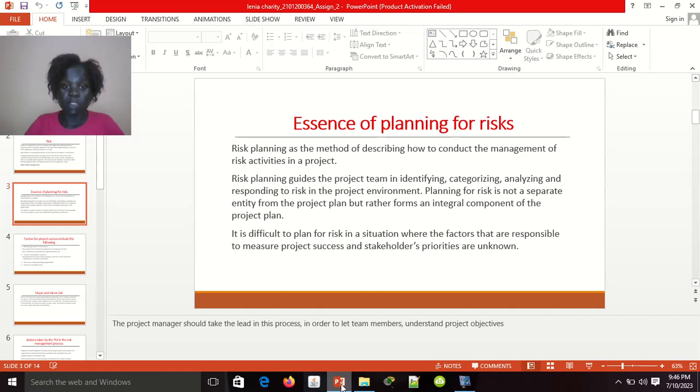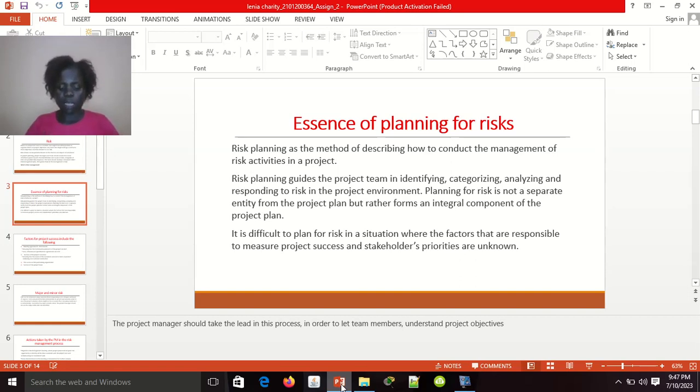Then the essence of planning for risks. Risk planning is the method of describing how to conduct risk management activities in a project. Risk planning guides the project team in identifying and categorizing, as I mentioned before.